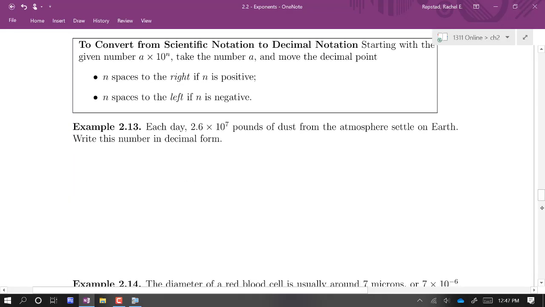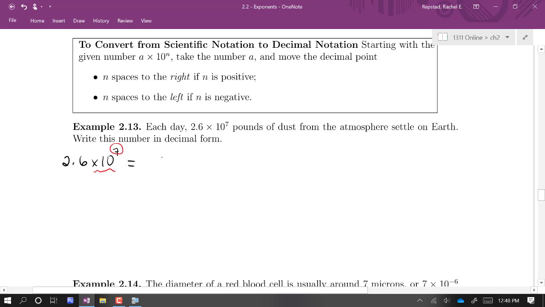Going the other way, if I'm looking at a number that is already in scientific notation, I could think of this number as a set of instructions almost, right? So I've got 2.6 times 10 to the 7th. The times 10 to the 7th is kind of telling me, okay, move the decimal point 7 spaces. And it's a positive 7 power, so I know this is a really big number, and that means I'm going to have to move the decimal point to the right.